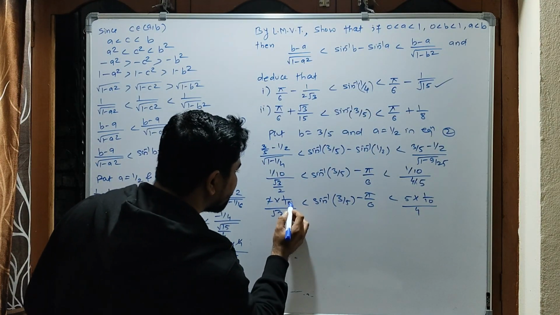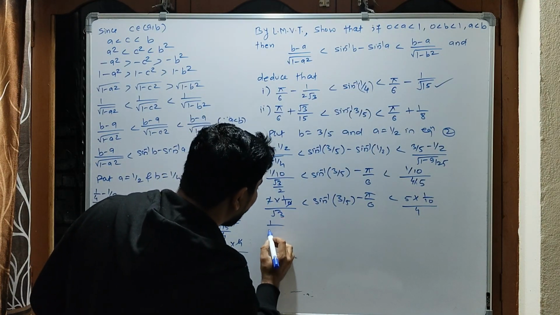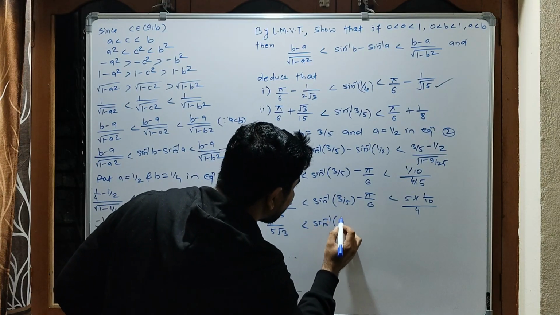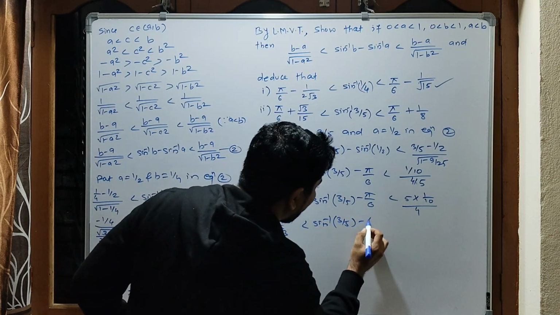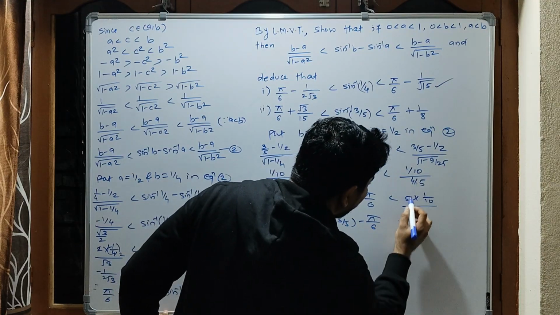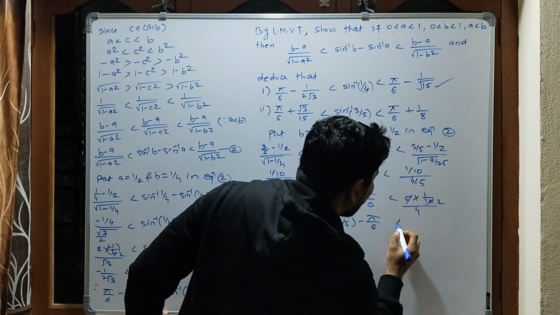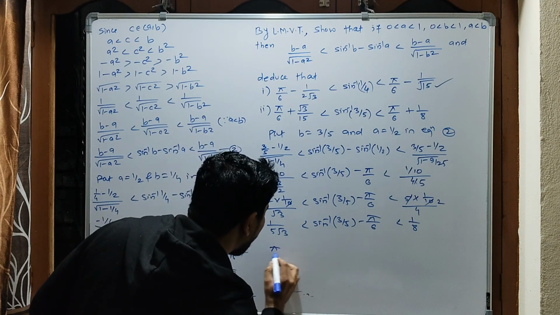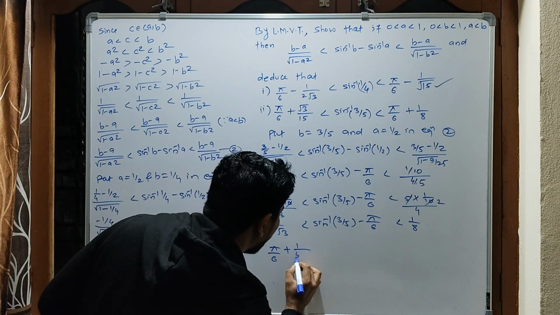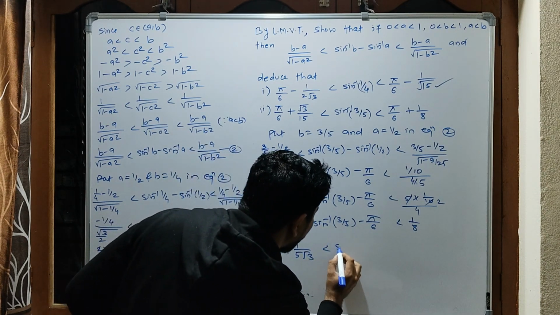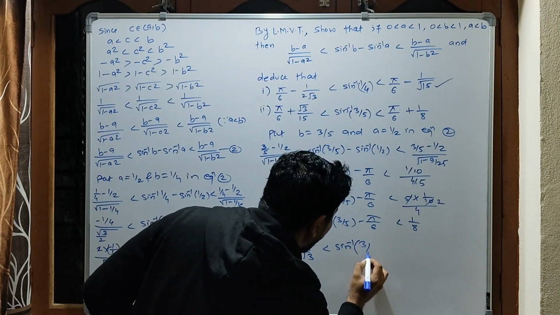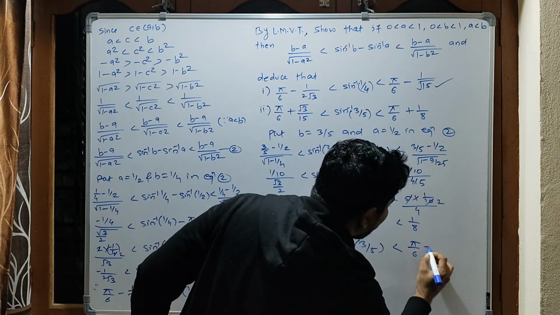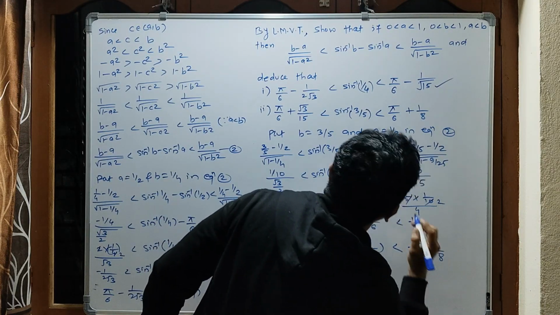Therefore 1 by 5 root 3 less than sine inverse 3 by 5 minus pi by 6, which is less than 1 by 8. Therefore add pi by 6: pi by 6 plus 1 by 5 root 3 less than sine inverse 3 by 5, which is less than pi by 6 plus 1 by 8.